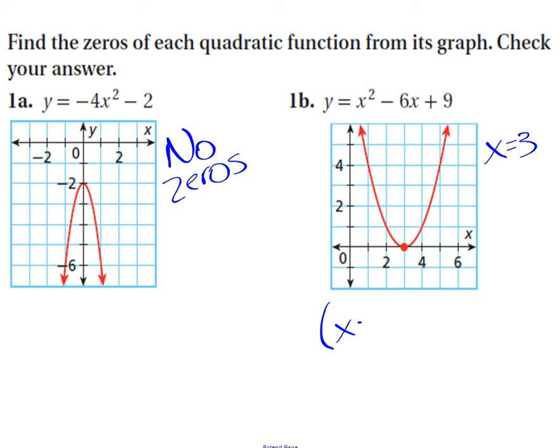We can say that our factors are probably going to be x minus 3, x minus 3. And does that work? There you go. The reason why it has to be opposite is because we want x to make this whole thing equal 0. So to get 0, you'd have to take the opposite of positive 3, which is negative 3. Okay?